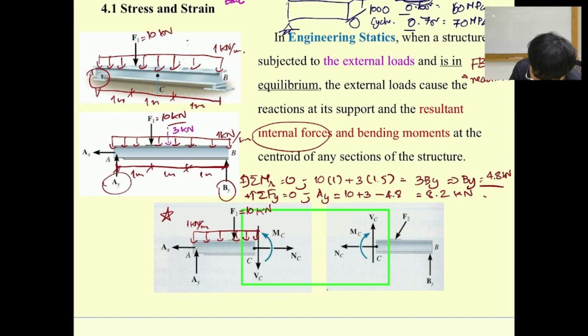kilonewton per meter, and then if I multiply the force, point C is going to be at the middle, so the force at the middle over here is going to be 1 multiplied by 1.5, so it's going to be 1.5 kilonewton over here. And then we have Ay equal to 8.2 kilonewton. Can we find MC, NC, and VC?